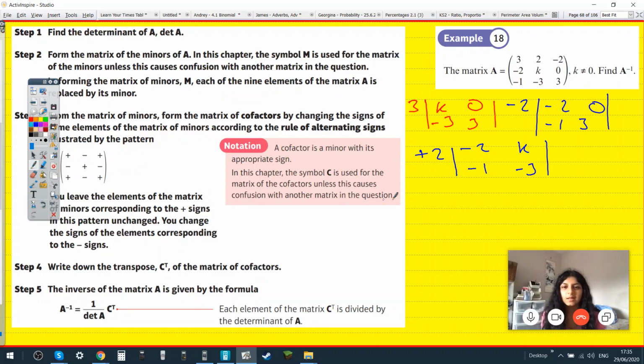So 3 times K minus 3. Wait, no, 3K. Yeah. And then plus 12.